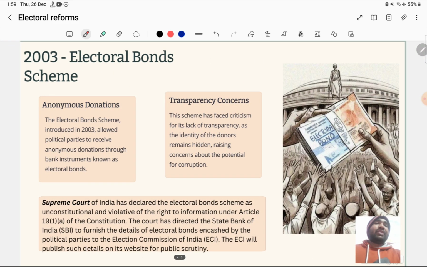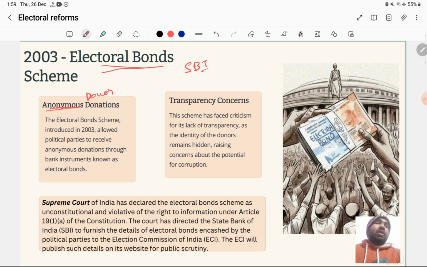Then in 2003, the electoral bond scheme was introduced. Under this scheme, any person can buy electoral bonds via SBI. This scheme provided anonymity to the donor.